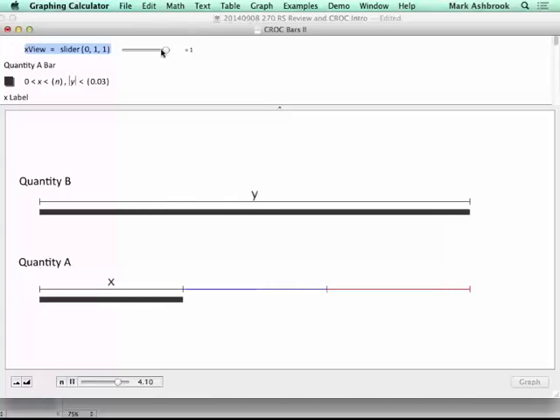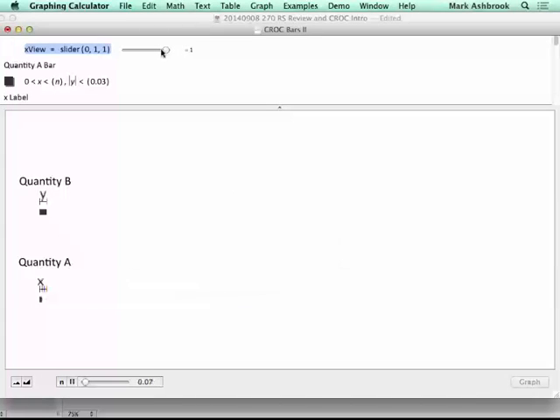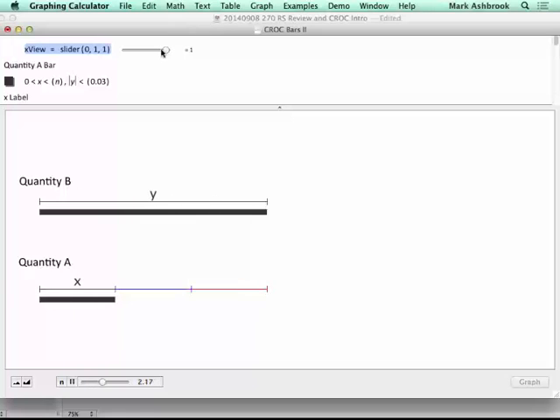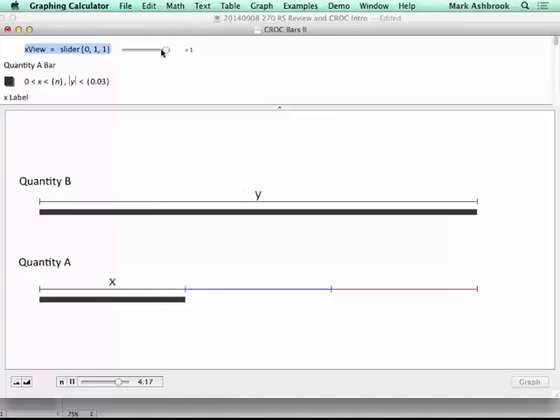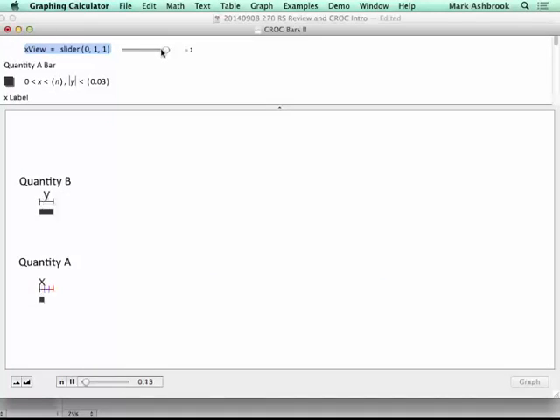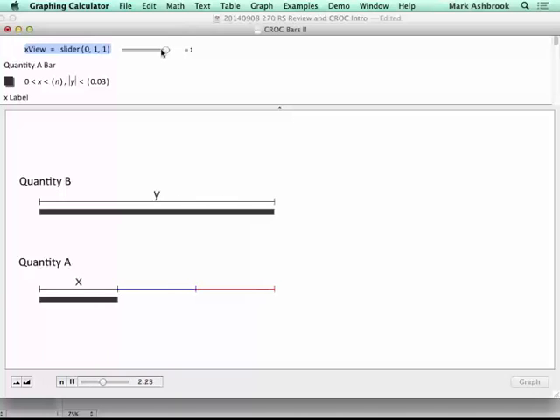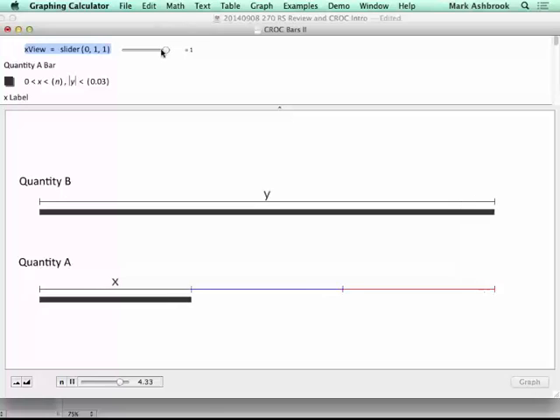Okay, so does y change with a constant rate of change with respect to x? You did some little study on constant rate of change before today. Does it change with a constant rate of change? Yes. And what is the value of the constant rate of change of y with respect to x?